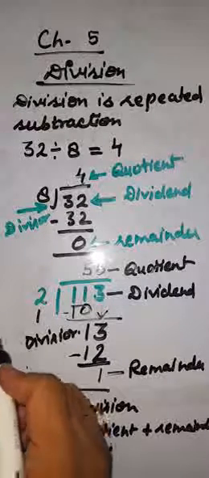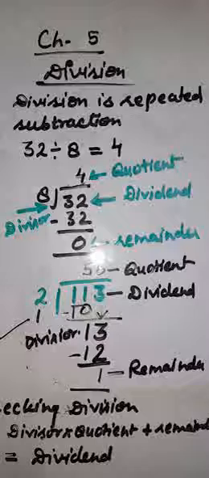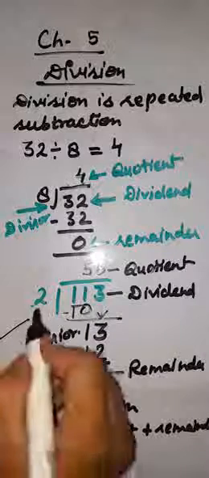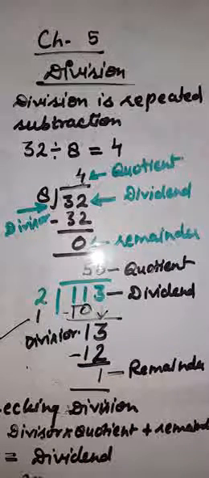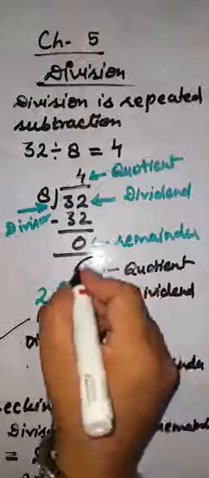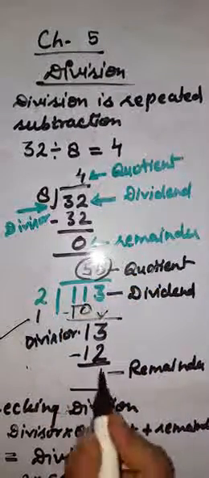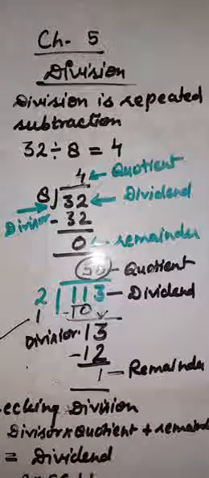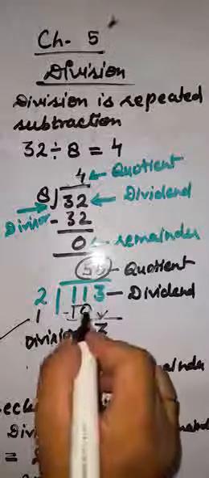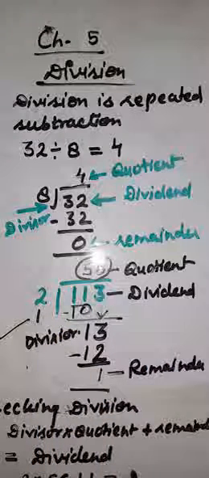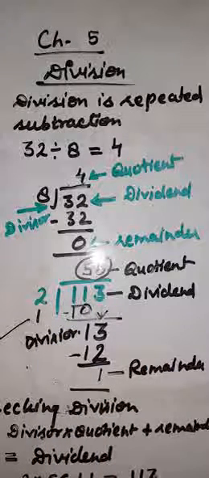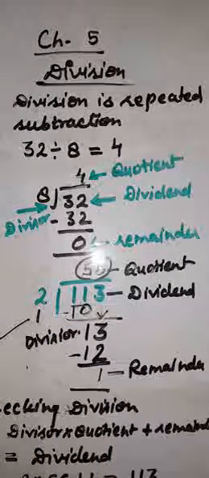Now let's take this example. We have divisor 2. We will multiply it by the quotient, which is 56, and then add our remainder, 1. It should be equal to the dividend, which is 113.